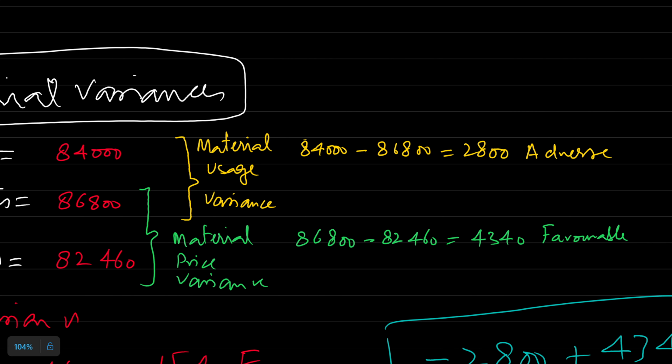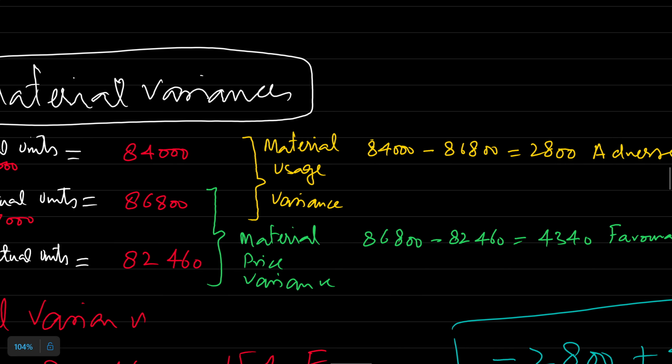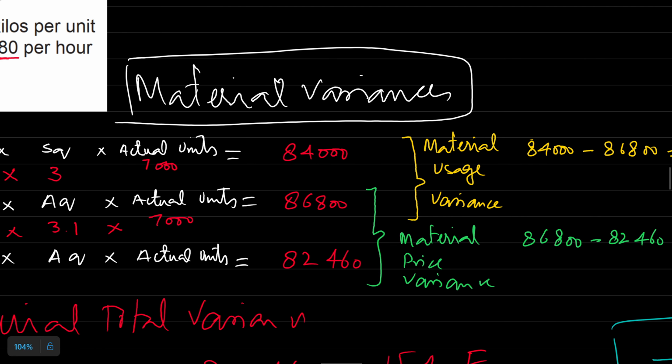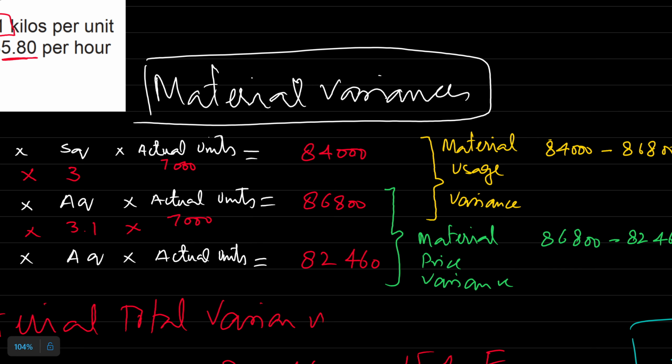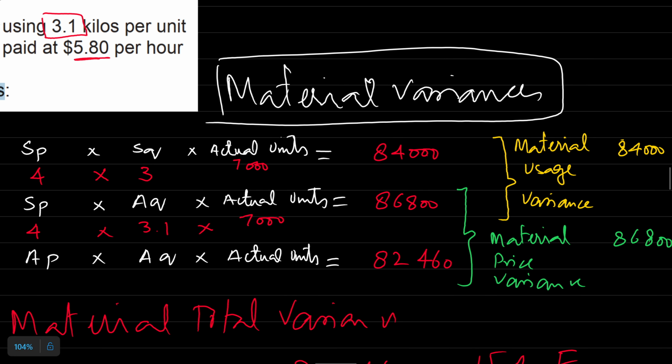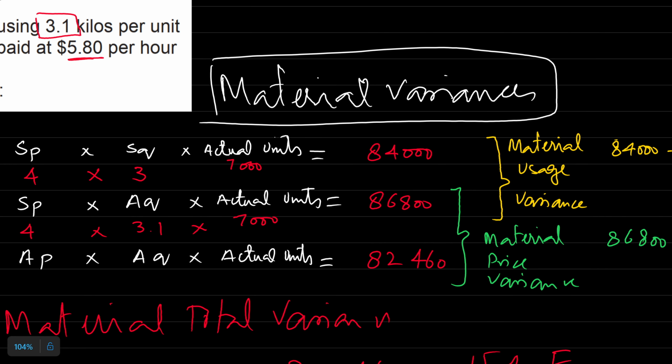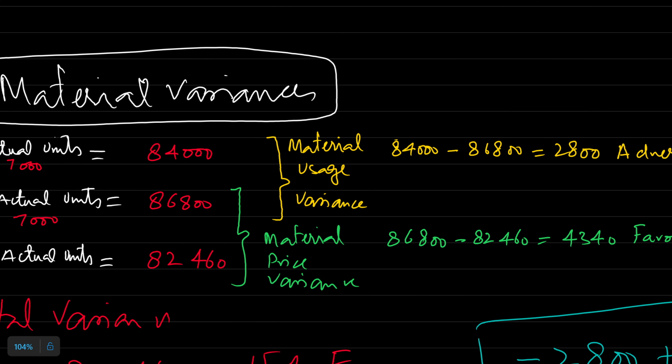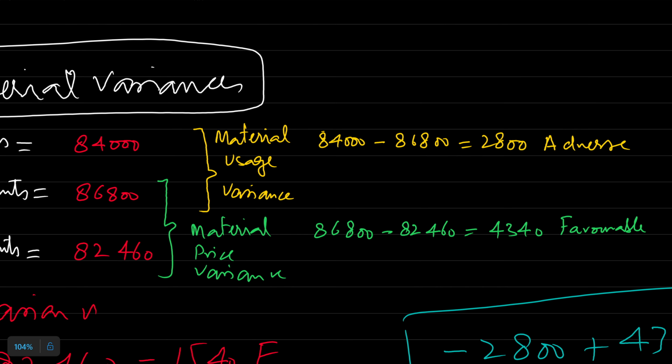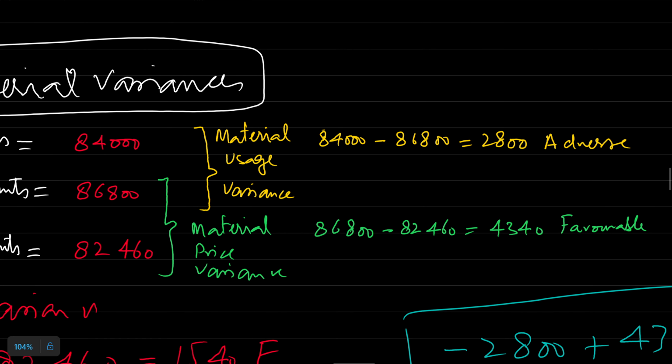Students, material usage variance shows that material used was more than material planned for 7,000 units. It means there was a wastage of material in the production process. This might be due to lower grade material, lower price material.